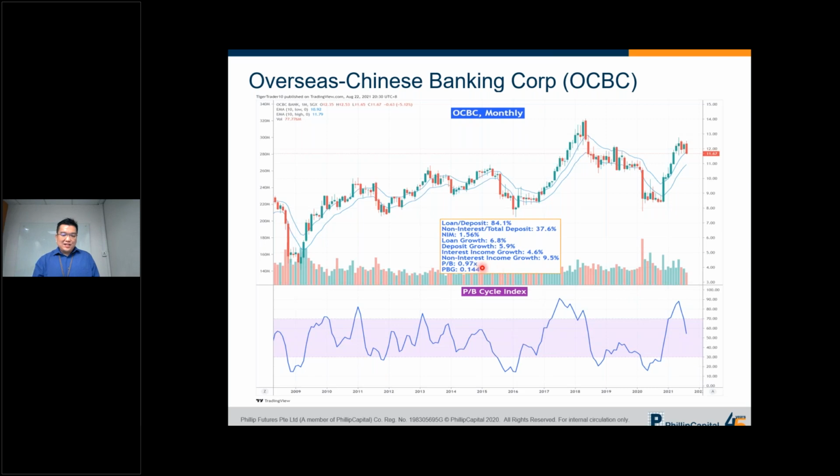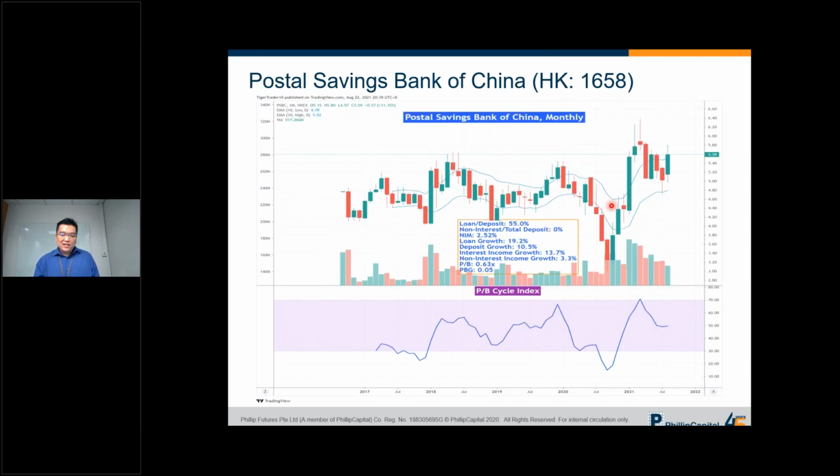Firstly, its PB ratio is lower, and it has a higher net interest margin, and its non-interest deposit is a higher percentage, meaning a bigger portion of the deposit that they do not need to pay interest for. For loan growth and deposit growth, it is quite okay, lesser than the other two, but in totality my preference will be OCBC, and also because when I calculate the PBG, it is slightly lower than the other two.